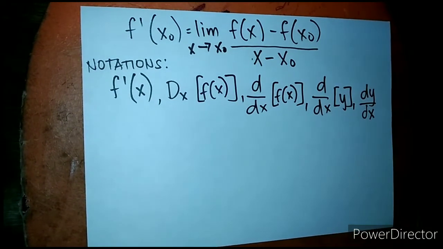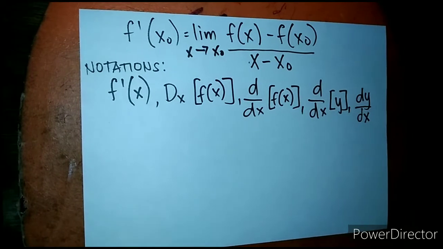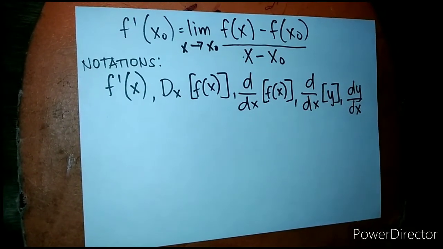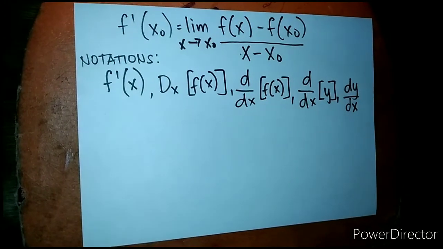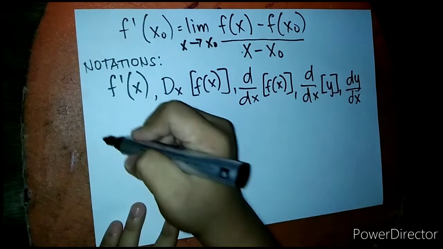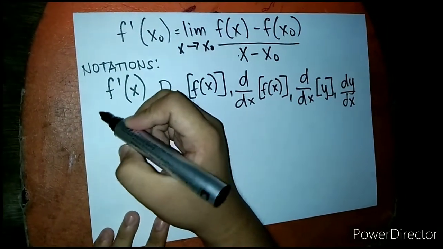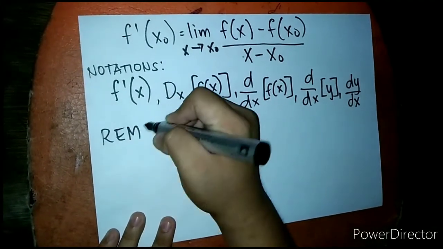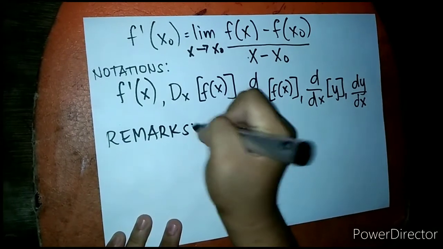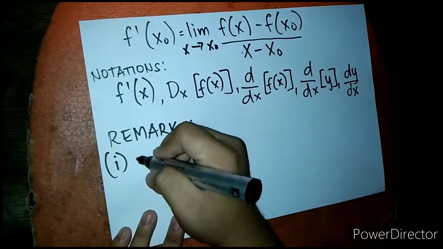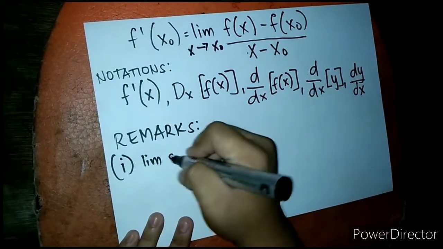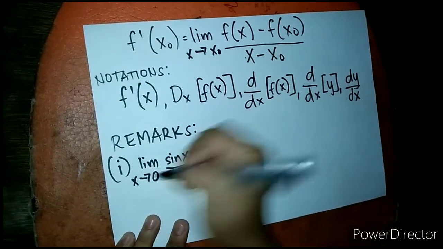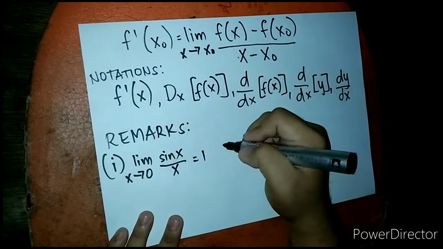May mga remarks naman tayo sa pagkuha ng derivative. Note that pwedeng maging indeterminate ang isang function, pero may mga techniques na pwede nating gamitin upang maiwasan ang pagiging indeterminate nito. Ito ay ang factoring, rationalization, or using one of the following established limits. Una, limit of sin x over x as x approaches 0 is equals to 1.